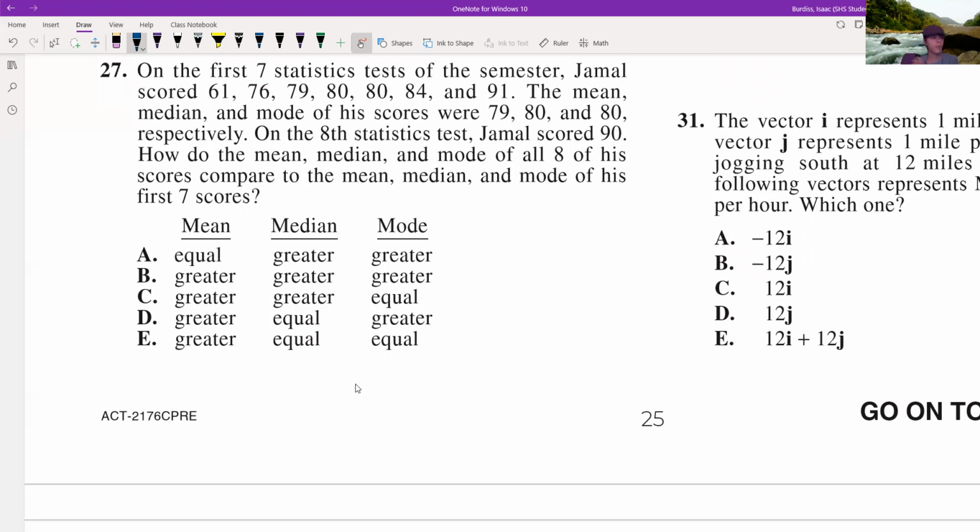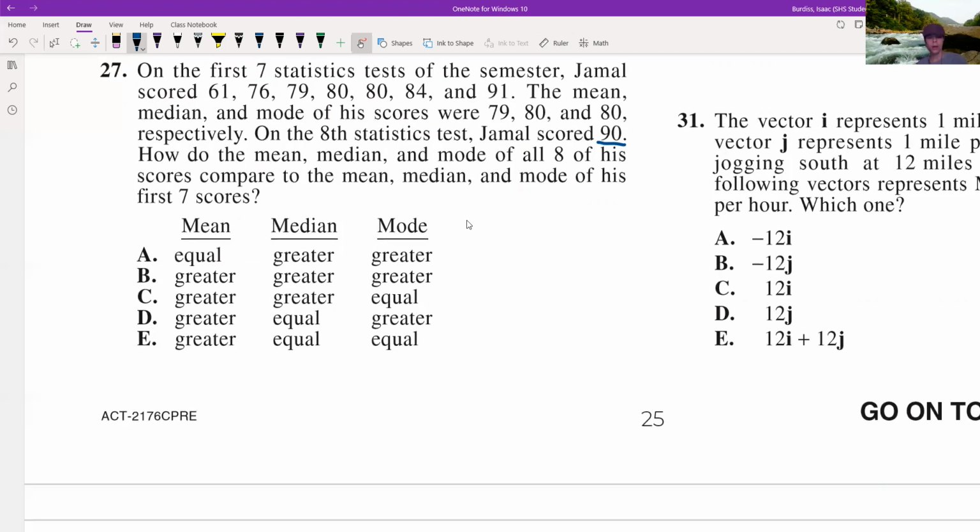The first 7 scores of a statistics set is for GEML is that the mean and the median of his scores were 79, 80, and 80. On the 8th test, he gets a 90. How would the mean, median, and mode change after the score is added?